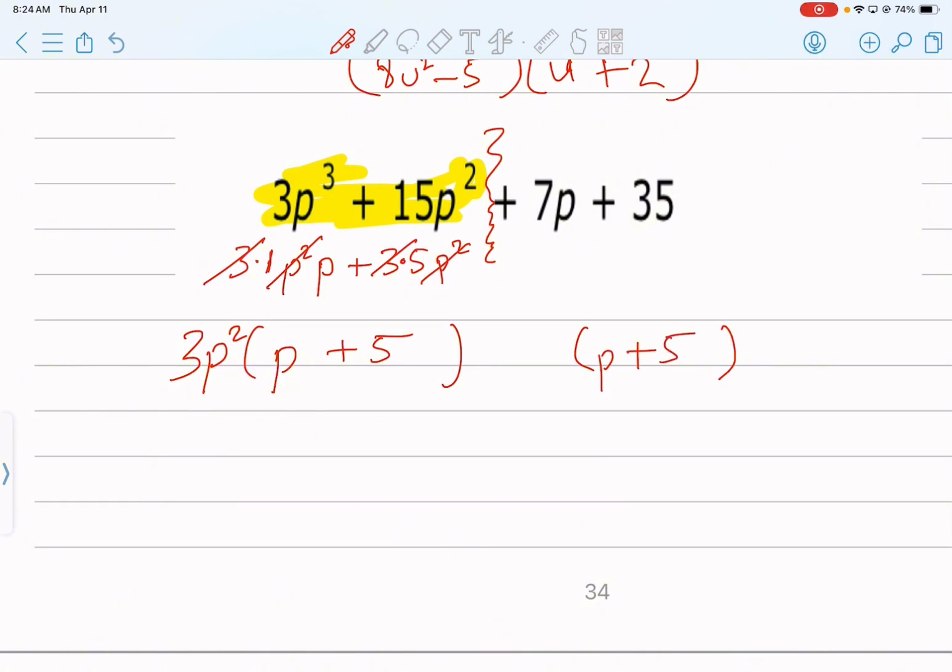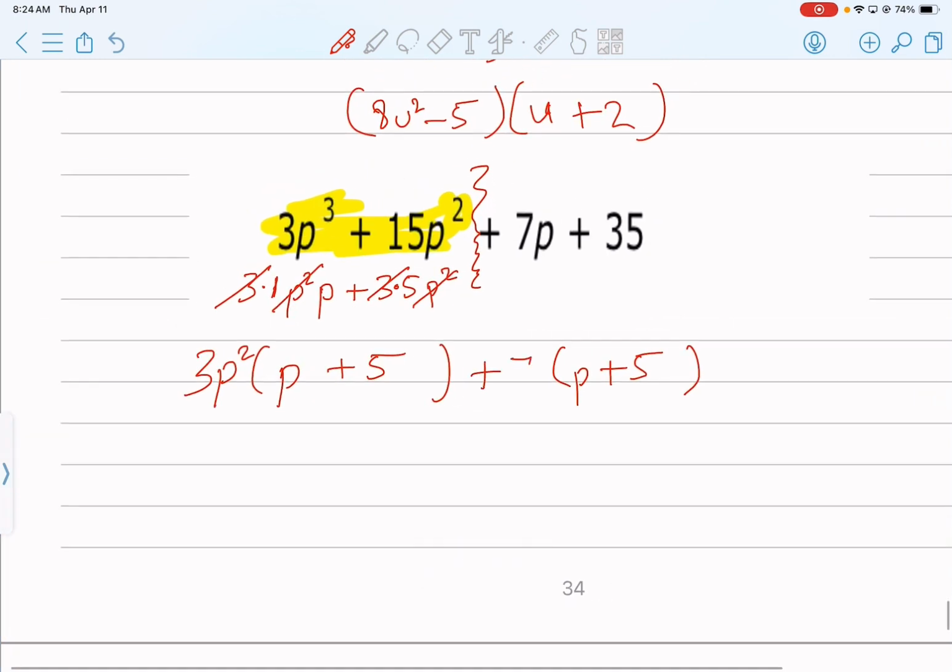Now, can someone tell me what I have to put in the middle? Think about it. 7. Let's check it. 7 times P, 7p. 7 times 5, 35. That's how you check it. So plus 7.